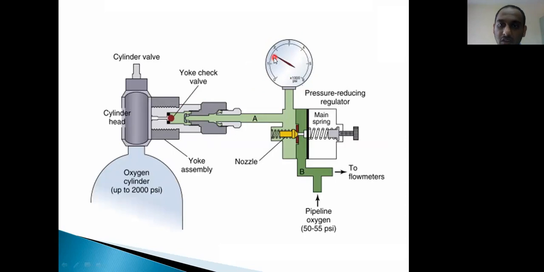So it is now showing around some 1600 pounds per square inch gauge. And then this is the pressure regulator. So this reduces the pressure. And then we go to part B where it is the intermediate pressure system where all pressures are around 50 to 55 pounds per square inch gauge. And then we go to the flow meters and other components.